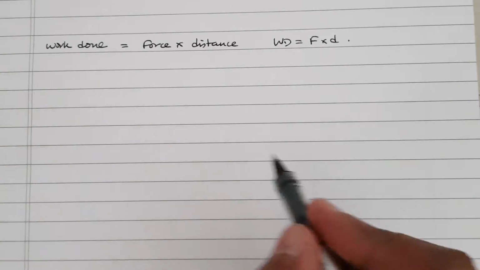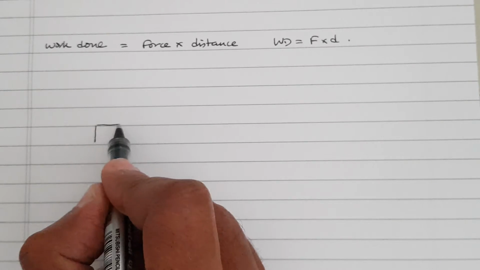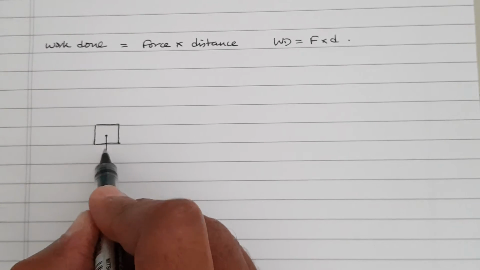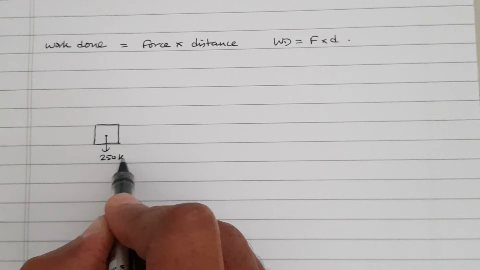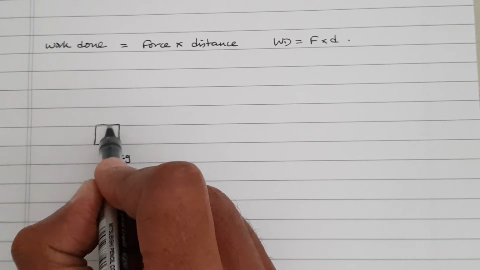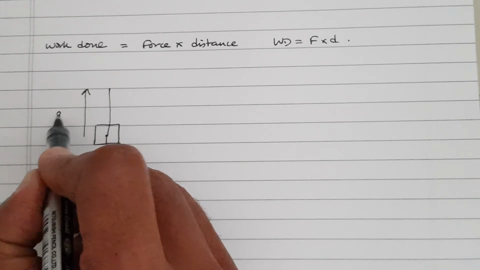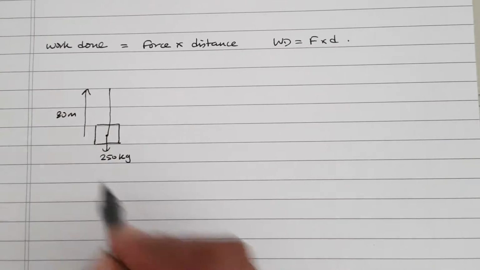Now let us suppose you have an object whose weight is 250 kilograms. This object is pulled up to a height of 30 meters.